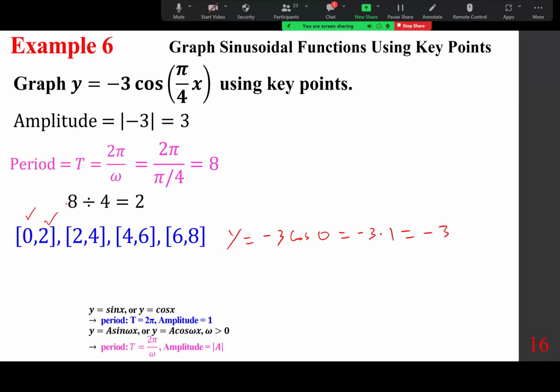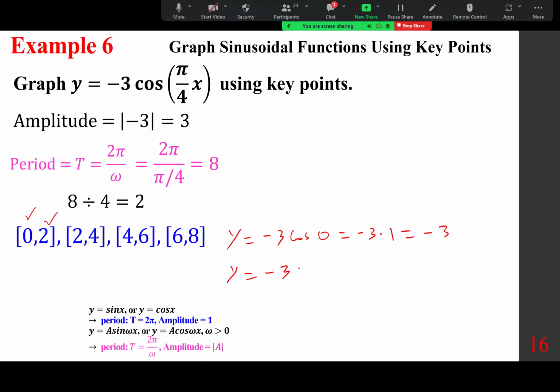Let's go with 2. If I plug in 2, I get y equals minus 3 cosine of pi over 4 times 2, which is pi over 2. You should know cosine of pi over 2 is 0.